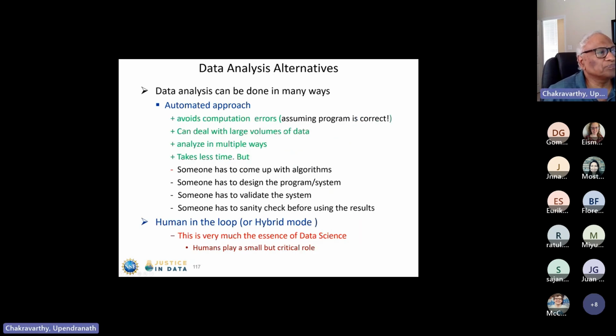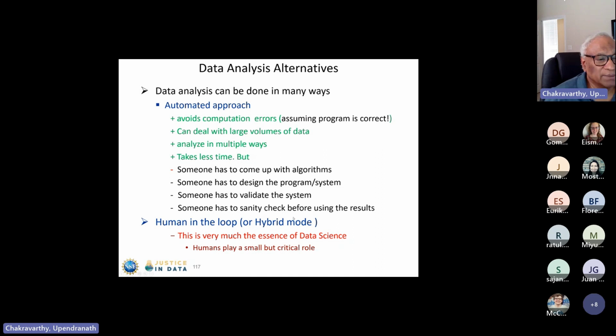If we look at the automated approach, that's what a lot of us do today, it avoids computation errors, assuming programming is correct. This is a different issue. It can deal with very large amounts of data, analyzed in multiple ways, takes less time, but someone has to come up with algorithms. Someone has to design the program or the system. Someone has to validate the system.